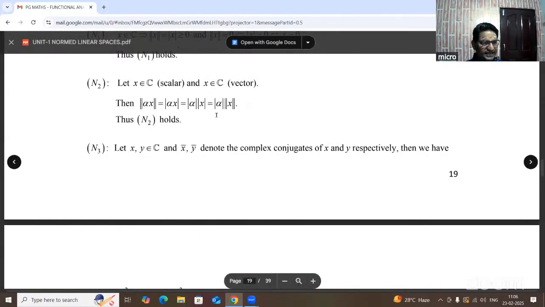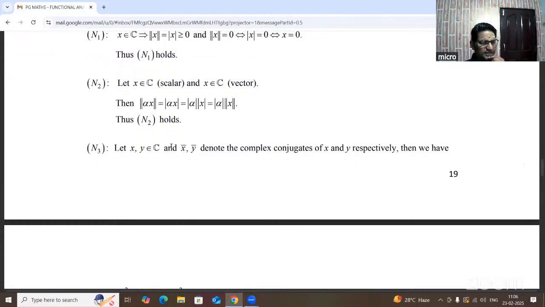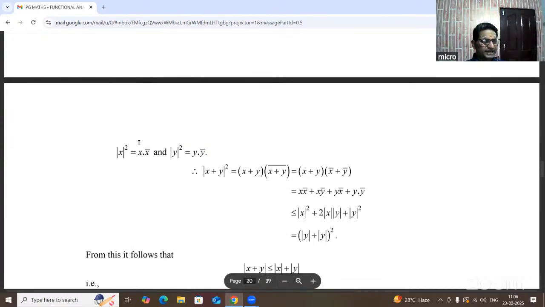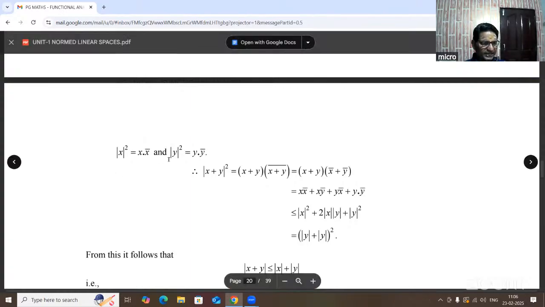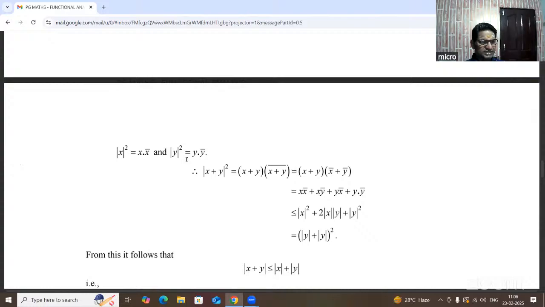So N3: x and y belong to the complex numbers. Here x bar and y bar are the complex conjugates of x and y. Bar denotes the conjugate expression. Now just refer, from the introduction of complex numbers, mod x square means x into x bar and mod y square means y into y bar.